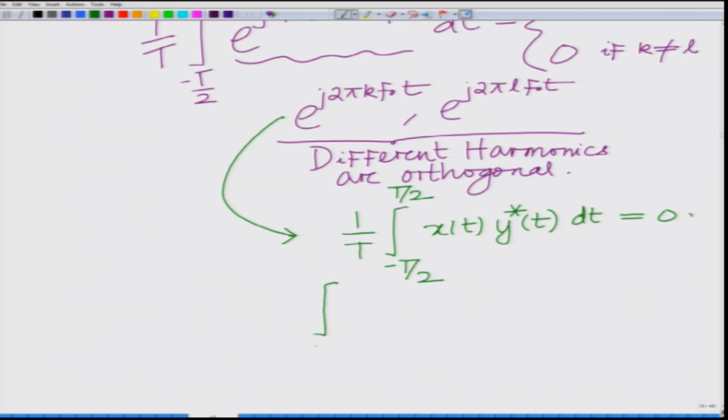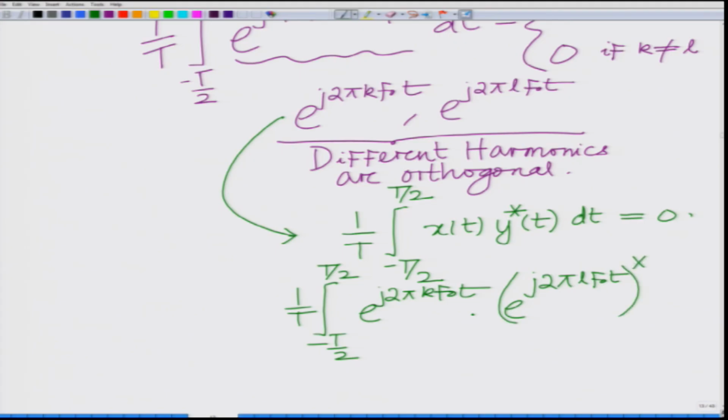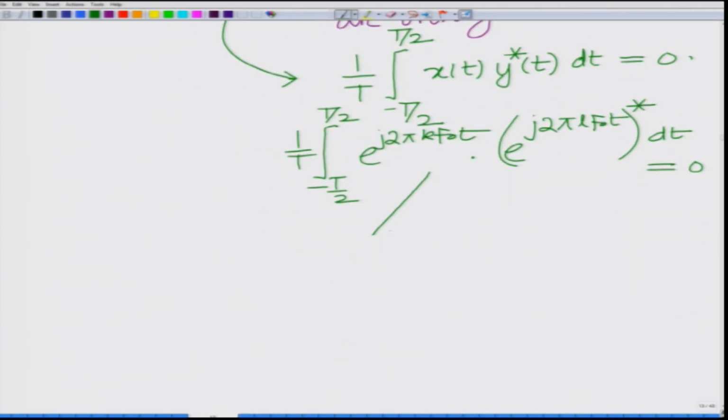Here we have the integral from −T/2 to T/2 of (1/T) e^(j2πk f₀ t) times e^(j2πL f₀ t) conjugate dt equals 0, hence these two are orthogonal.